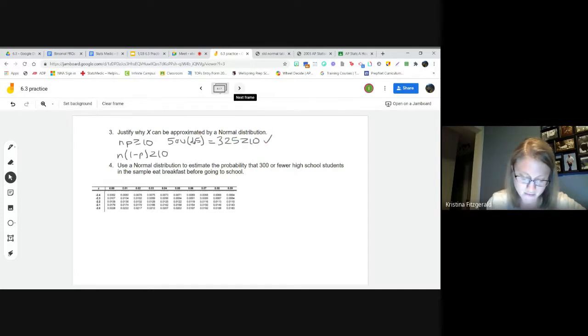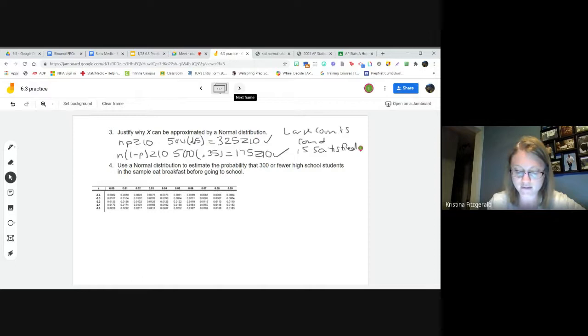Then n times 1 minus p, so 500 times 0.35, is going to be 175. So that was good. So we can use the normal distribution because the large counts condition has been satisfied here.